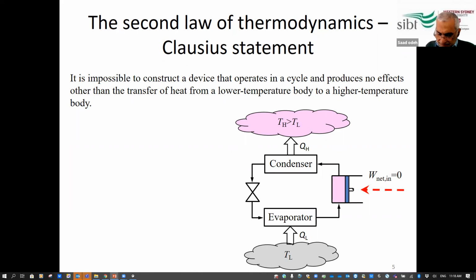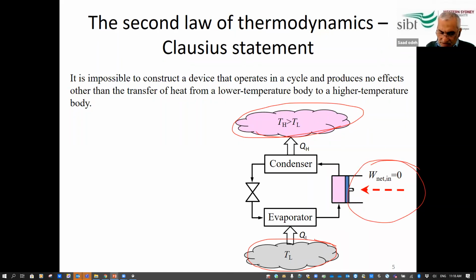For example, in this system, if I want to move heat from this part to this part, I have to apply work, let's say, with a compressor.